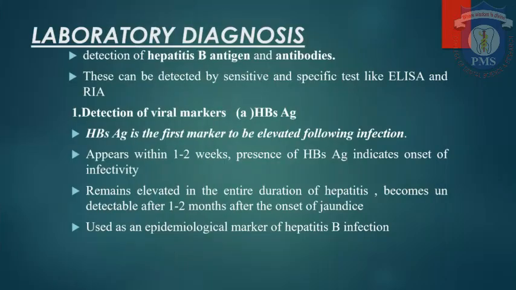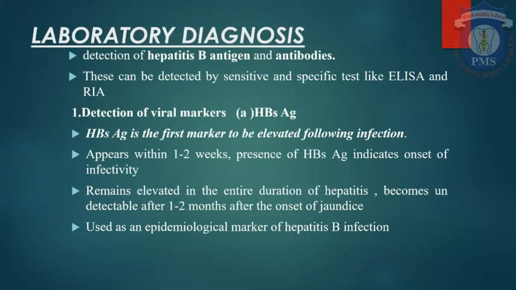So next is the laboratory diagnosis of this hepatitis B infection. Laboratory diagnosis includes the detection of hepatitis B antigen and antibodies. These are mainly detected by sensitive and specific tests like ELISA and RIA.